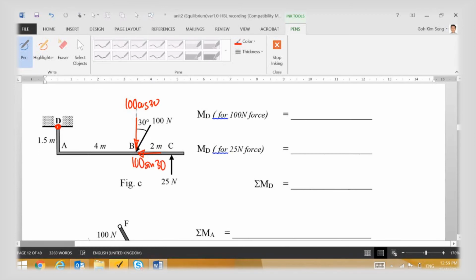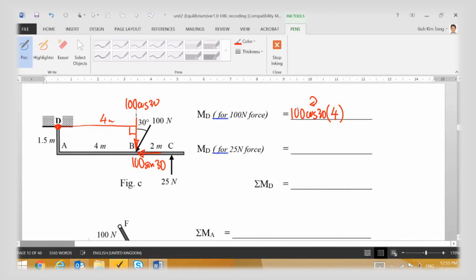Take moments for the 100 Newton force. Now we have 100 cos 30 times that distance. If we're not sure, just produce a perpendicular distance to the line of action of the force. That gives us 4 meters, and this is a clockwise moment.